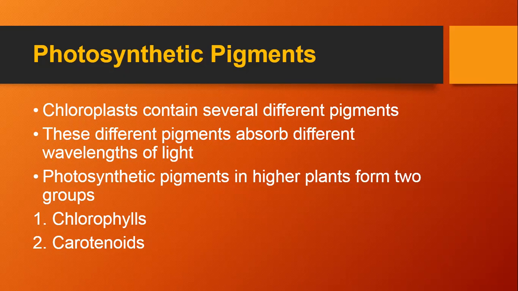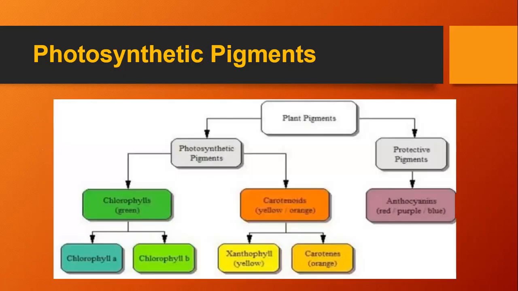And photosynthetic pigments, in case of higher plants, can be divided into two groups: the chlorophylls and the carotenoids. One group of photosynthetic pigments is chlorophylls, and the other group is carotenoids.